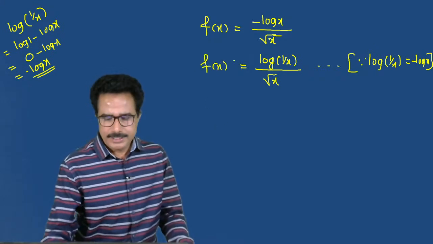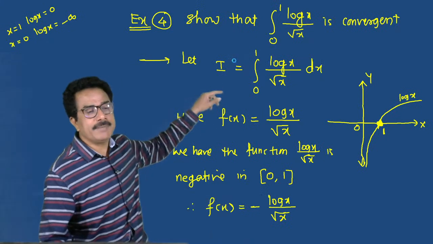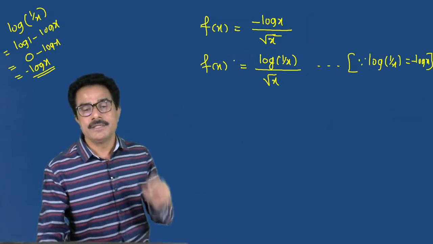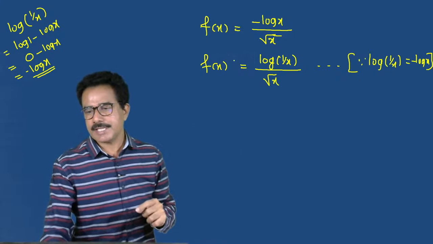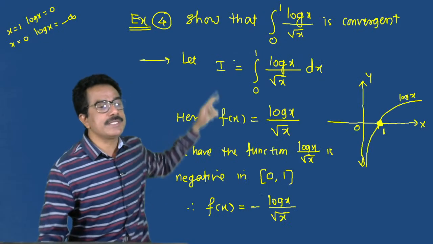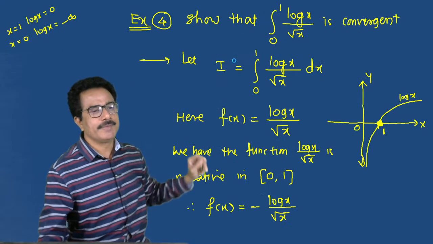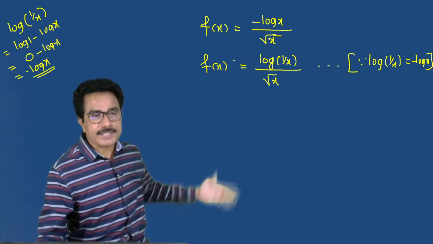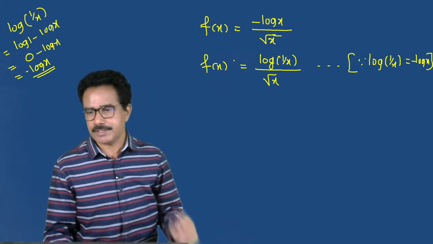So now you know this function. Now tell me, because the integral is from 0 to 1, at which value of x is the given function discontinuous?